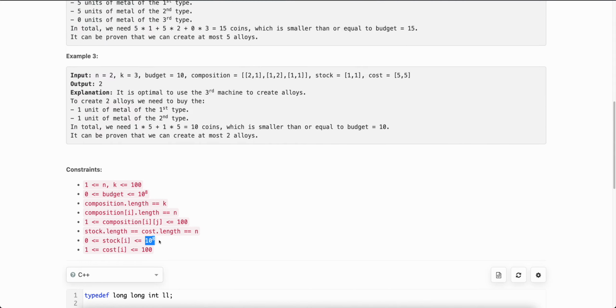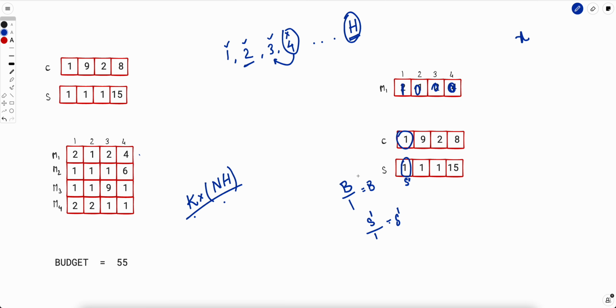The stock that you have is at most 10 to the power 8, and the budget that you have is also 10 to the power 8. So in the best case, you will be able to make 2 into 10 to the power 8 alloys. Again, this is assuming that everything else is 0, but that's not the case. Everything else is also 1, so it will be much less than 2 into 10 to the power 8. But for now, this is a good enough estimate for H.